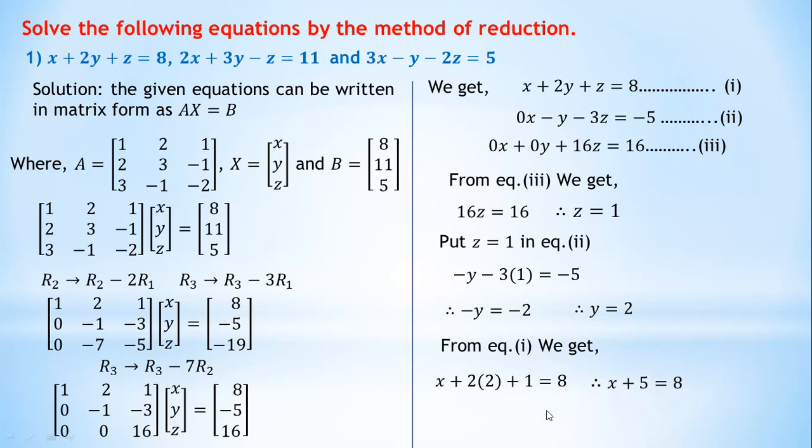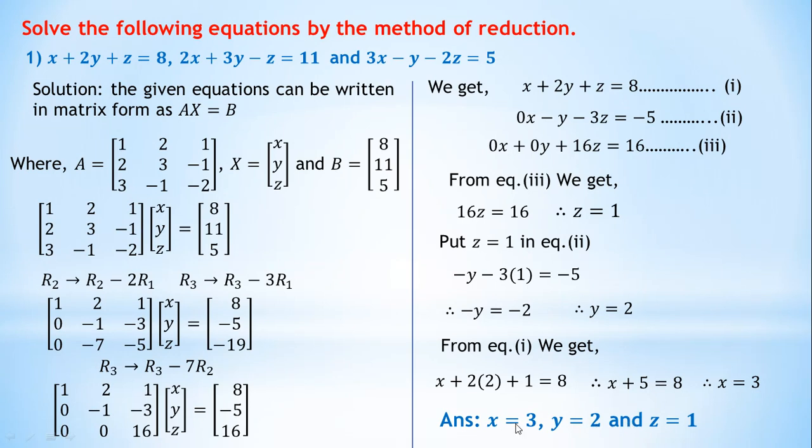Solving this, we get x plus 5 is equal to 8, and hence x is equal to 3. So if you perform the row transformation to convert the given coefficient matrix into an upper triangular matrix, we can solve the given equations very easily like this, and hence we get the final answer as x is equal to 3, y is equal to 2, and z is equal to 1.